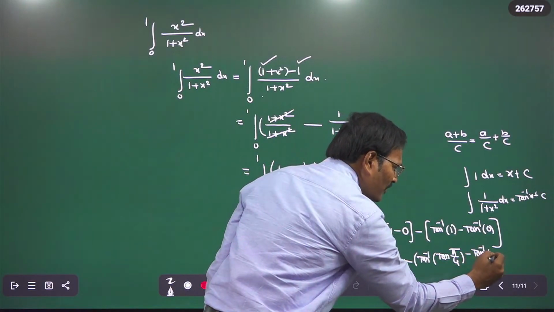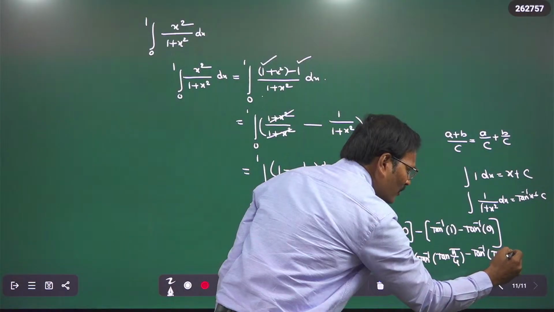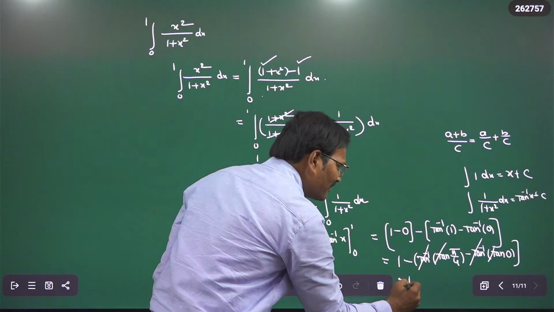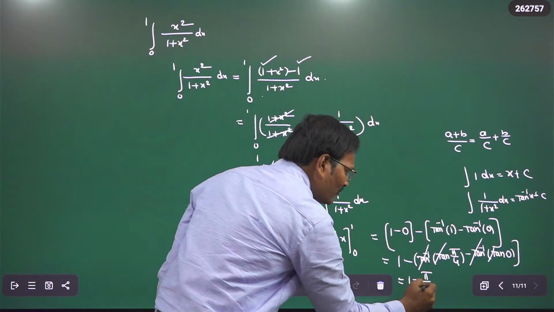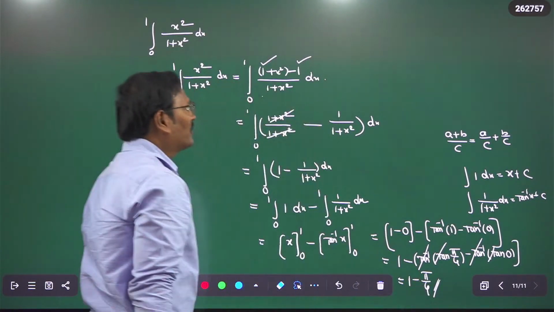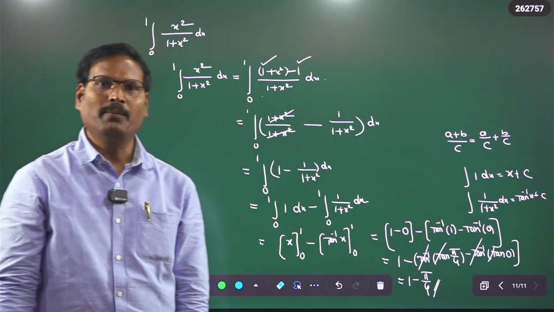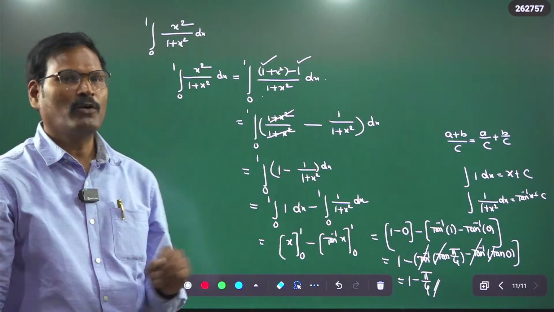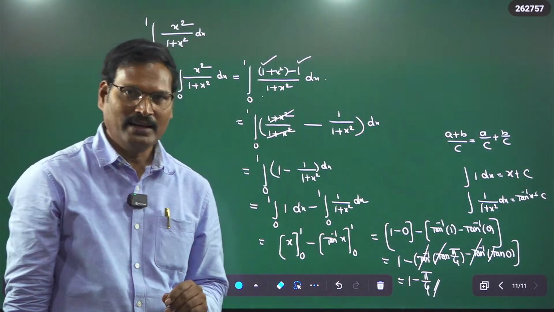Tan inverse of 0 means tan 0. Tan inverse gets cancelled. So the final answer is 1 minus pi by 4. This problem is important for IPE, intermediate public examination; you will get this type of problems. Okay, is it clear?